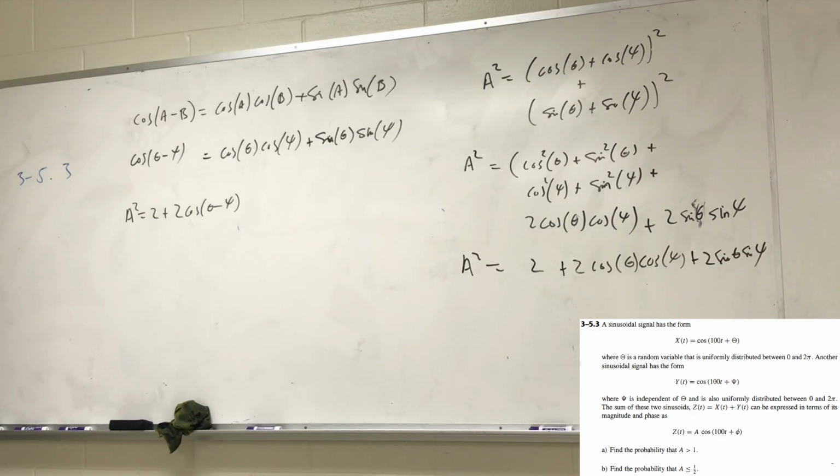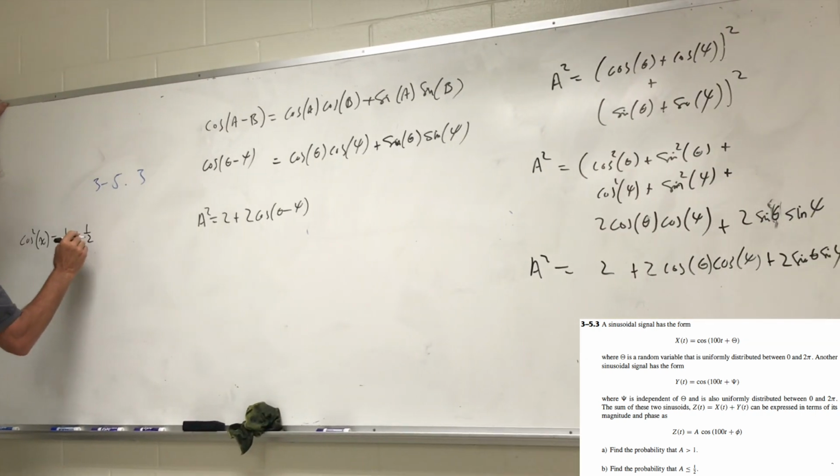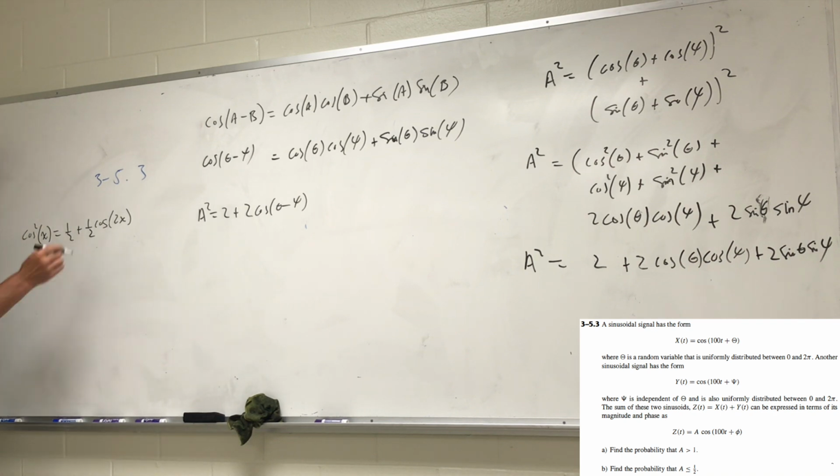Cosine squared of x, that's equal to 1/2 plus 1/2 cosine of 2x. I don't know how many of you remember this one. Anytime you're wondering about these identities, go to Euler's. This is not directly related, but it may help you later.